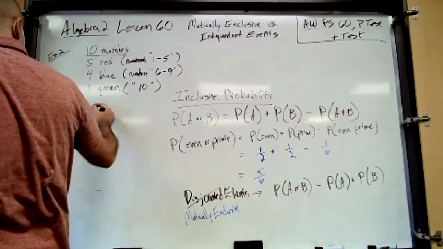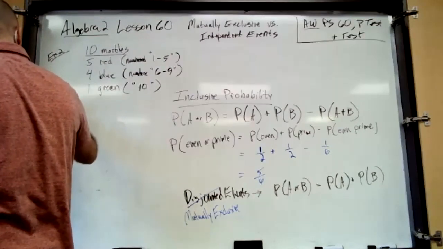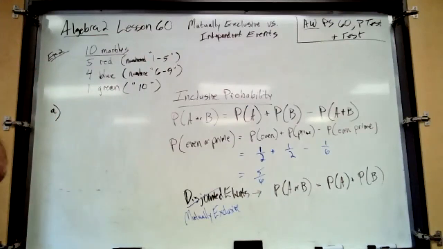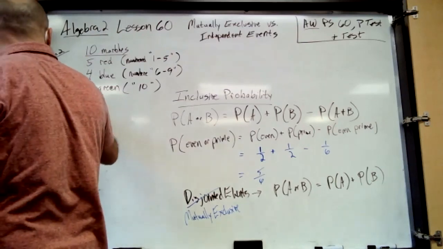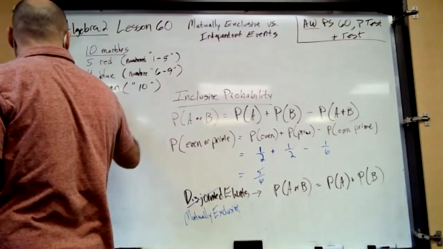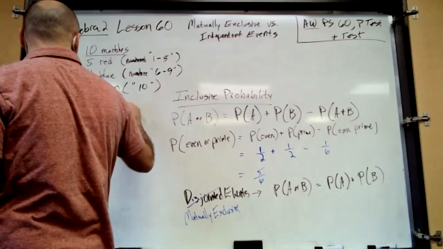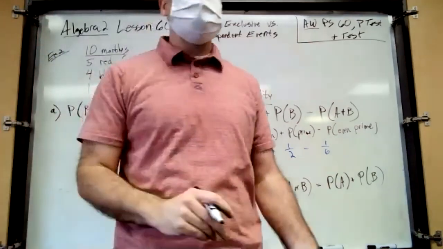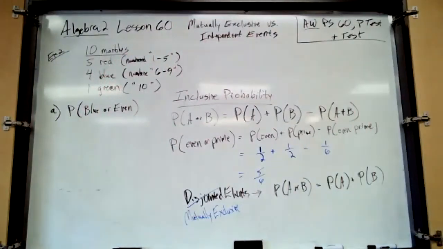All right, so here's example 2A. What is the probability that you're going to get blue or even? Probability of blue or even. Now, does blue or even share any outcomes? Are there any blue even numbers?